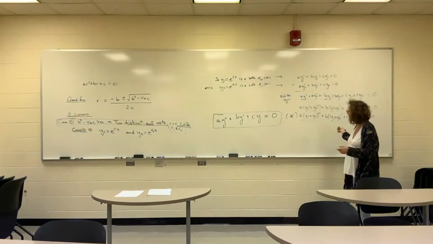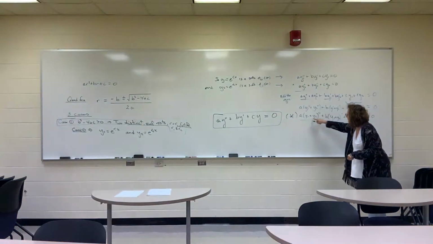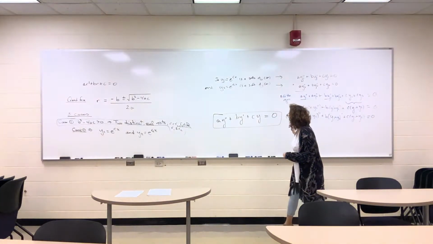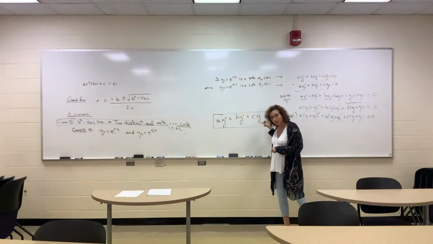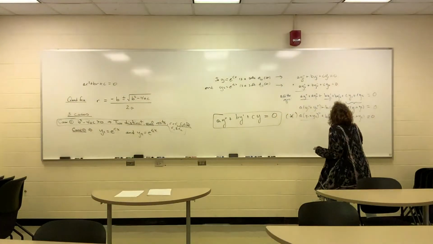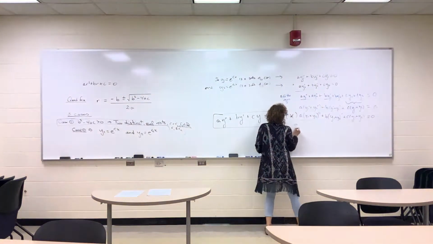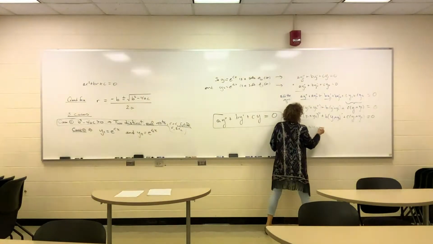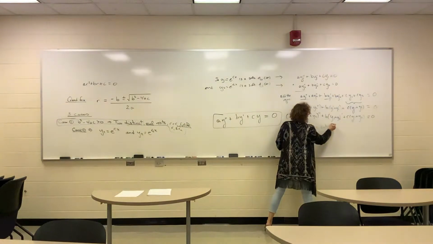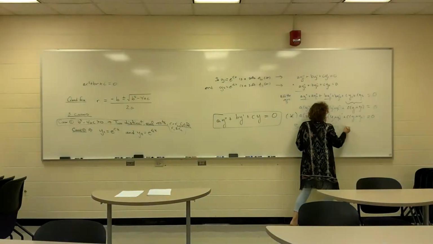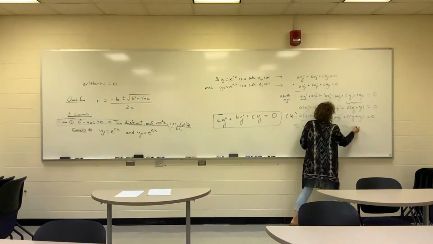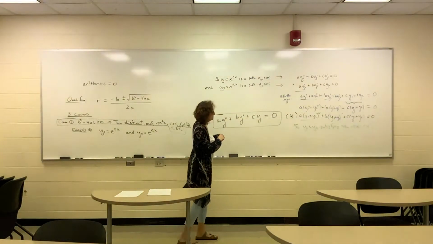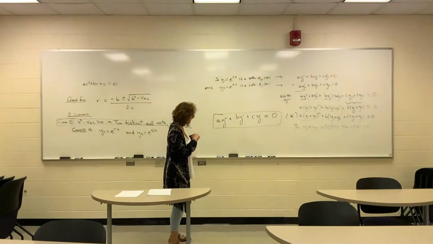So what does that mean? The function y1 plus y2, if we take those two and add them together, that also satisfies the differential equation. y1 plus y2 satisfies the ODE star.